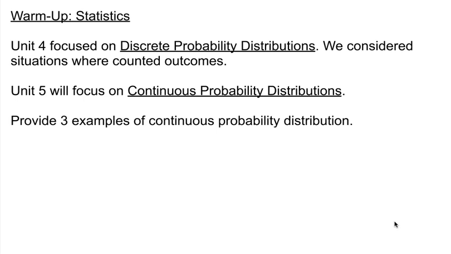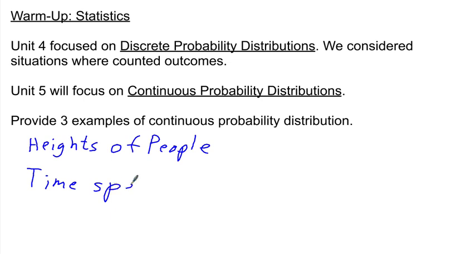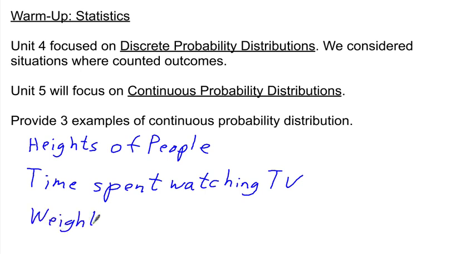Three continuous probability distributions that I thought of were heights of people, time spent watching TV, and the weight of a certain breed of dog. All right, and remember that all 3 of these are measurements.